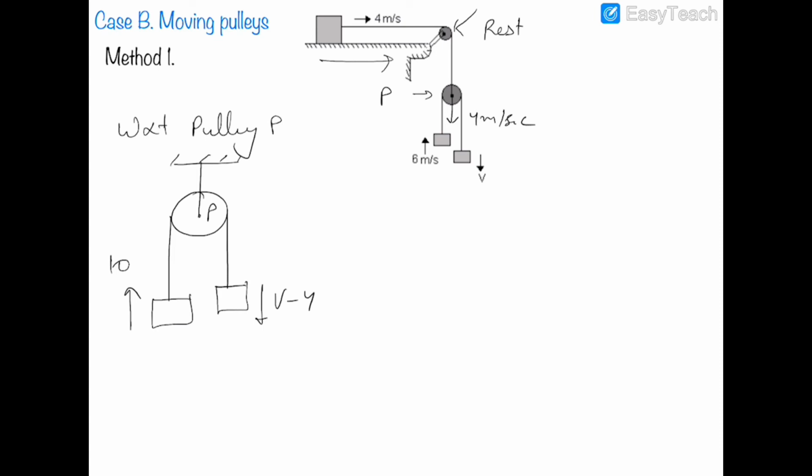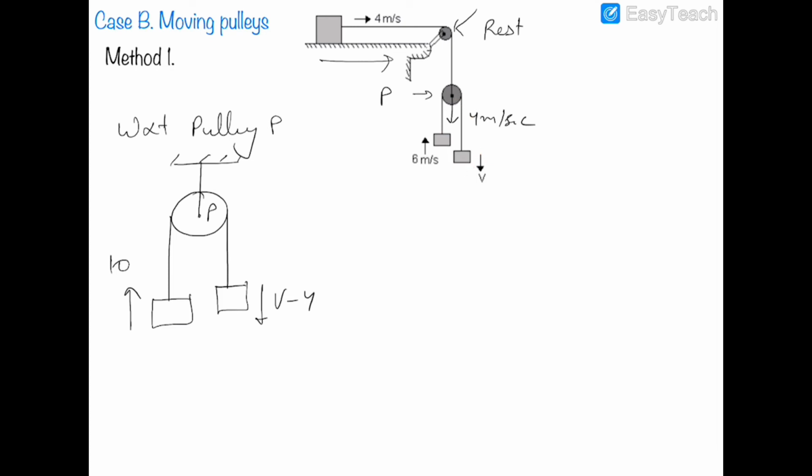This requires a little bit of knowledge of relative motion, and this is very easy: when the two blocks are moving in opposite directions, then we add up their velocities to calculate their relative velocity, and when they are moving in the same direction, then we subtract their velocities to find the relative velocity. And one more important thing, we are calculating the relative velocity of this block with respect to the pulley.